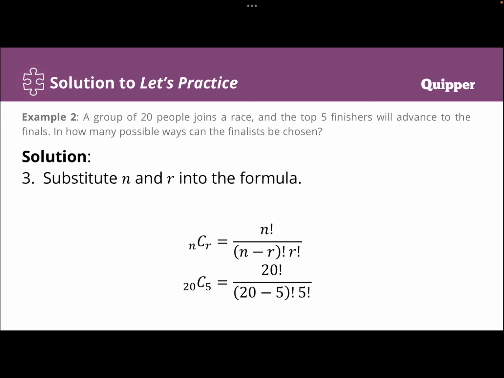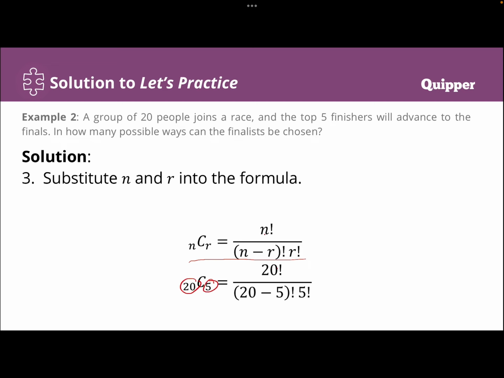Okay, next. After getting the value of N and R, we can now substitute N and R into the formula. So, here's again our combination formula. We will replace N with 20 and R with 5.